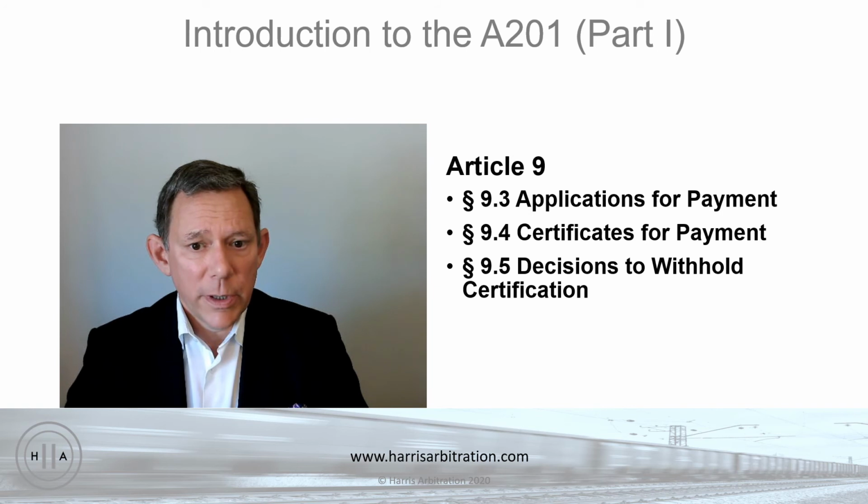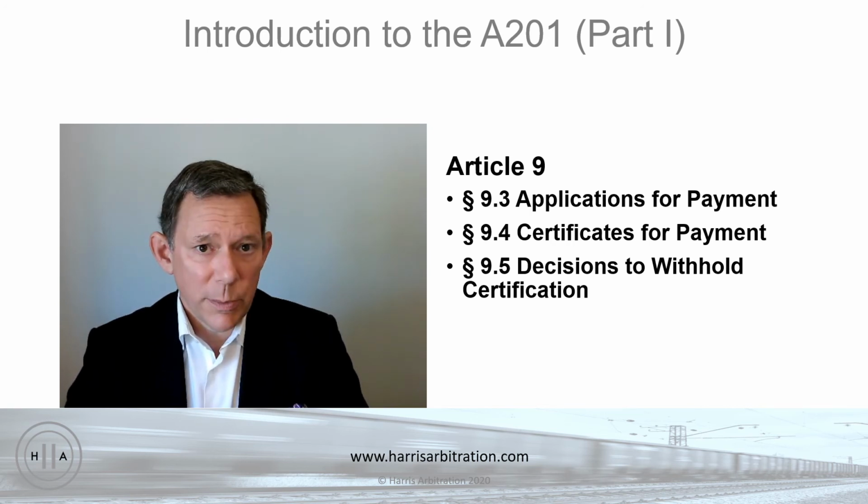Either way, whether we're talking about fixed price or cost plus, those applications for payment go to the architect, who's the owner's representative. And the architect has the responsibility to determine, okay, is the contractor in fact entitled to the amount it's claiming? Has it actually performed 5% of the work, if we're talking about a fixed price contract, or has it in fact bought all these supplies, paid all these subcontractors and so forth under a cost plus pricing mechanism?